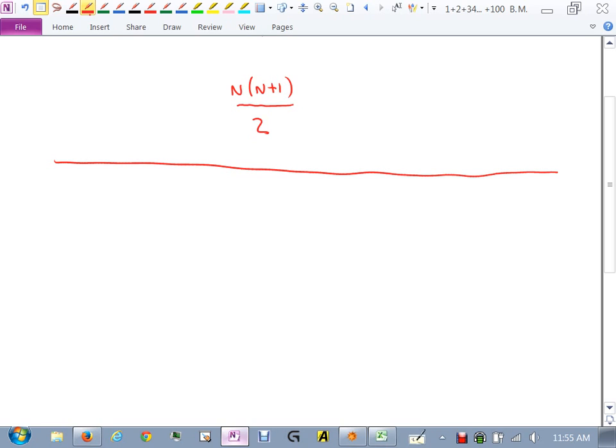I think most of you will follow this. All right, so here we go. This is what Gauss's explanation is. He said, I'm supposed to find a sum, we'll call it S, which is 1 plus 2 plus 3, all the way out to 100, right?